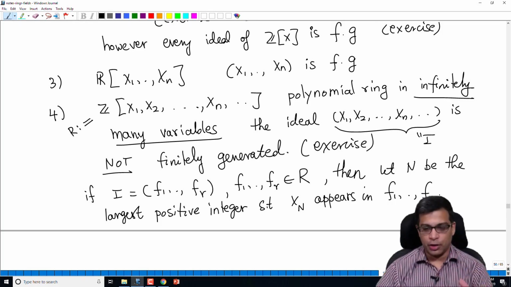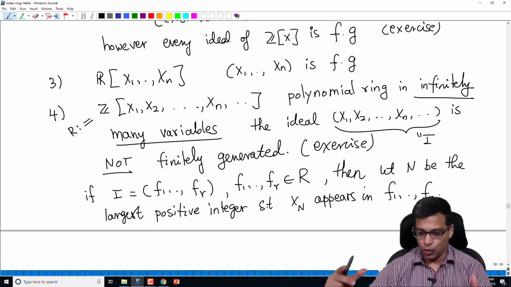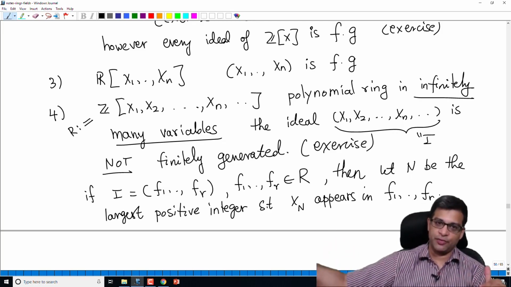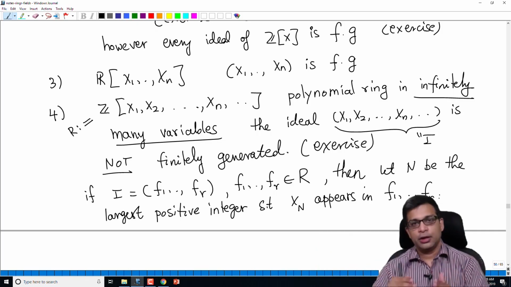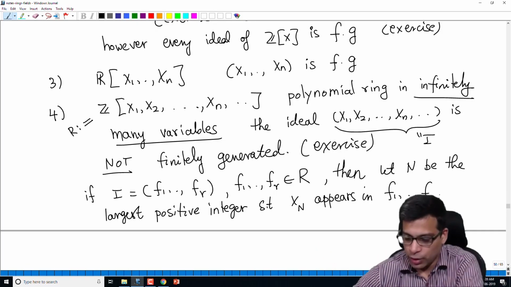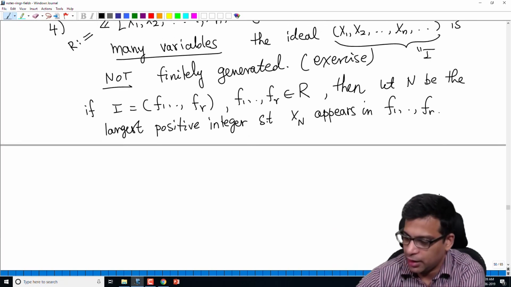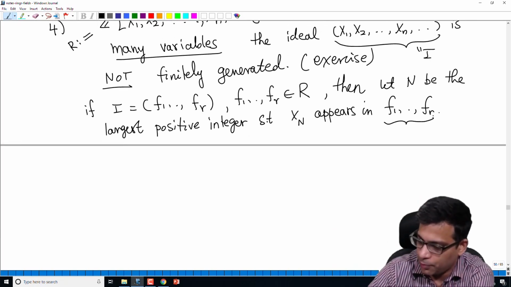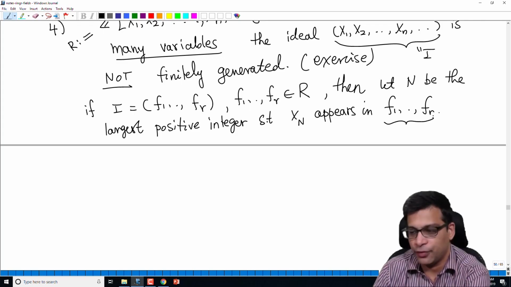So you can figure out the largest index of the variable that appears in f1, the largest index of the variable that appears in f2, and similarly for fr, and pick the largest one and call that capital N. So capital N is the largest index of a variable that appears in f1 through fr.